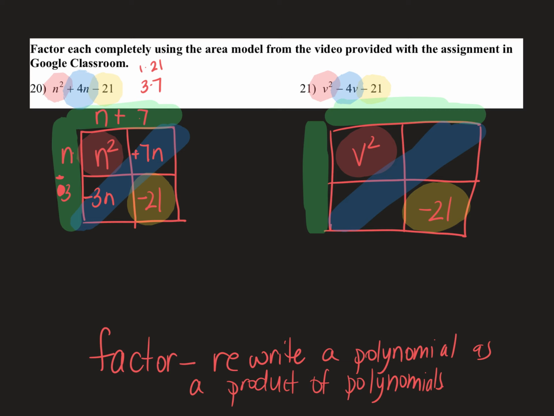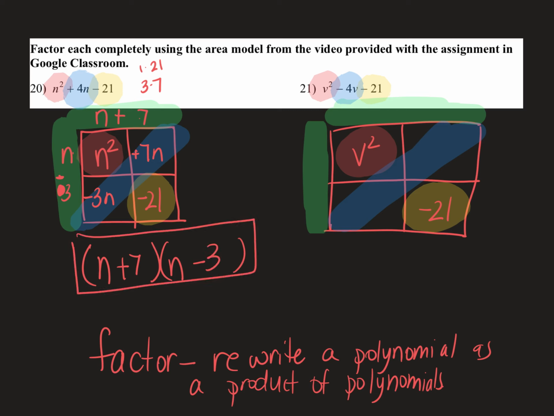So, as I said before, my answer's in the green. My product is two binomials, n plus 7 and n minus 3. Whoops, and I wrote 7. Did you see that? N minus 3. So n plus 7 times n minus 3. I just factored n squared plus 4n minus 21.